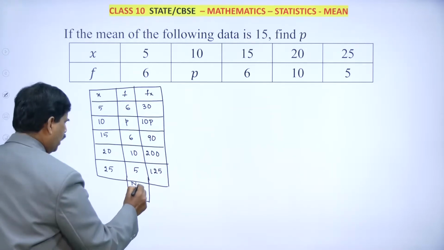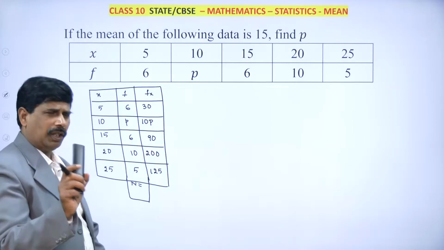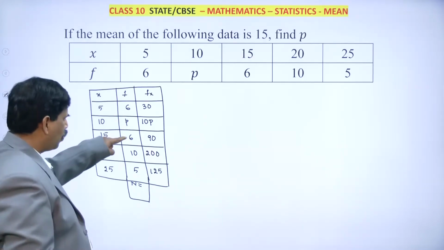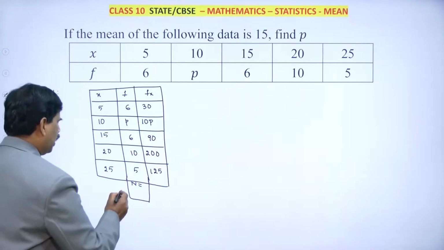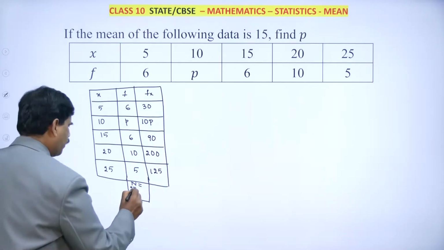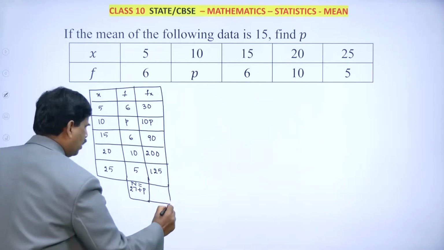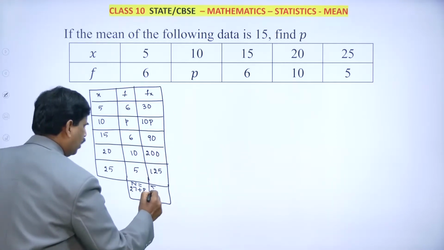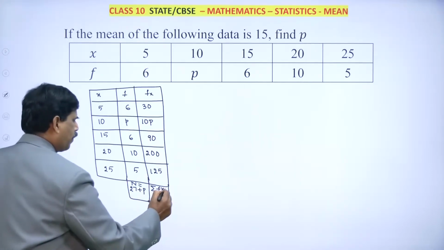So what is your n here? Sum of all the frequencies. For a minute you will ignore that P value. 6 plus 6 12, 12 plus 10 22, 22 plus 5 27 plus P children. That is your n value. Now let us see what is your sigma fx.